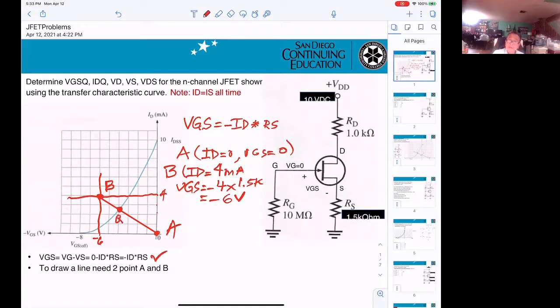If you want the value for ID, you get it right here. On my graph, I get around 2.5. If you want VGS, you go down, and that one you can get minus 4.